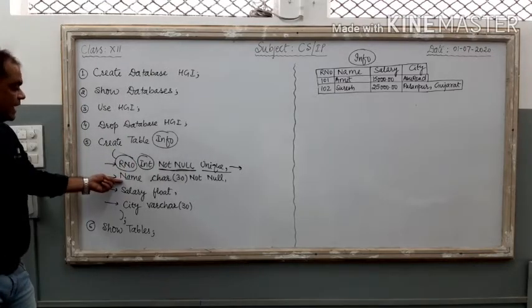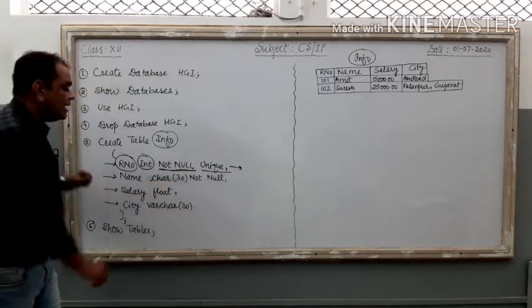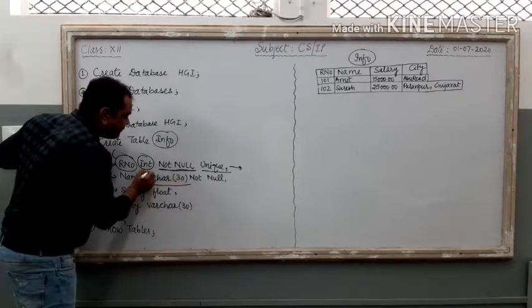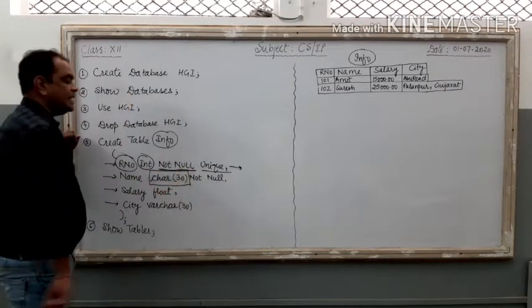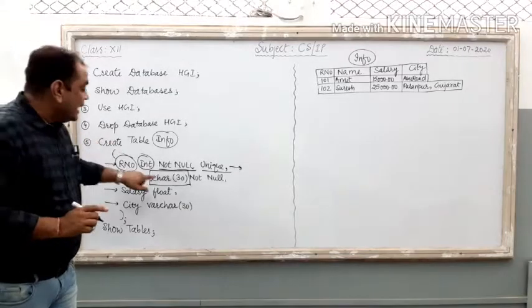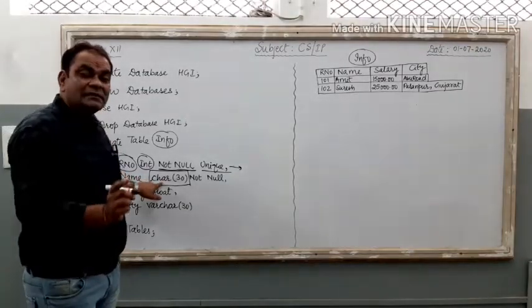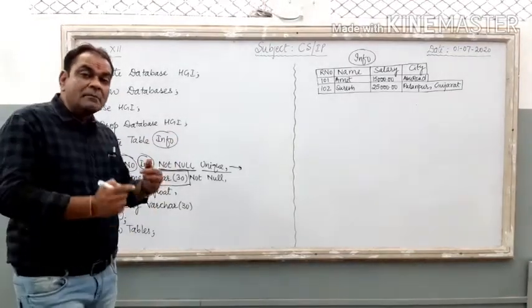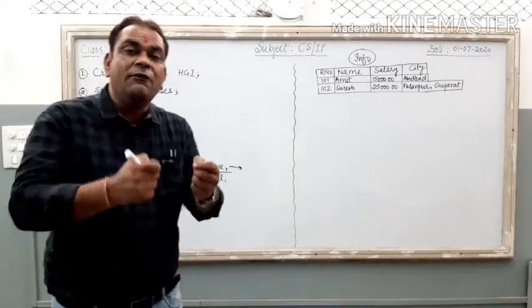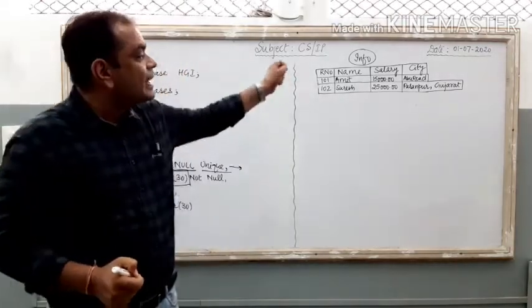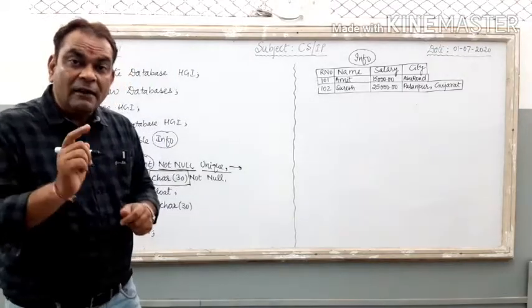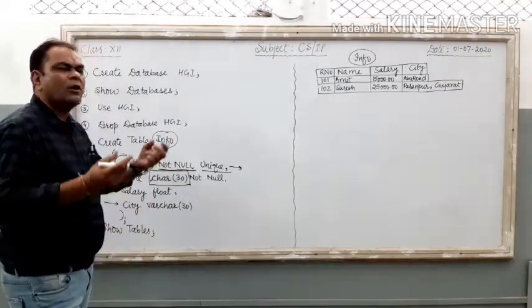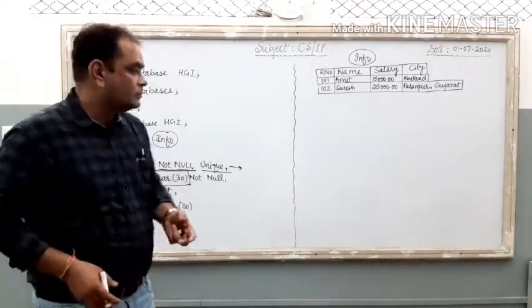Now the next one, name, character 30. It is another data type of MySQL, character 30. Character means if you set a column as a character column, it means we can insert alphanumeric values in that particular column. Right? Alphanumeric values in that particular column, or we can use special symbols also.